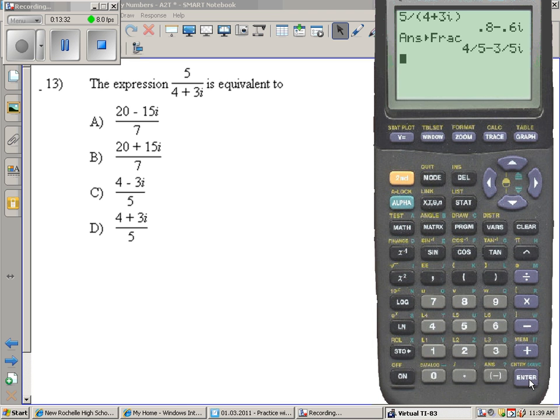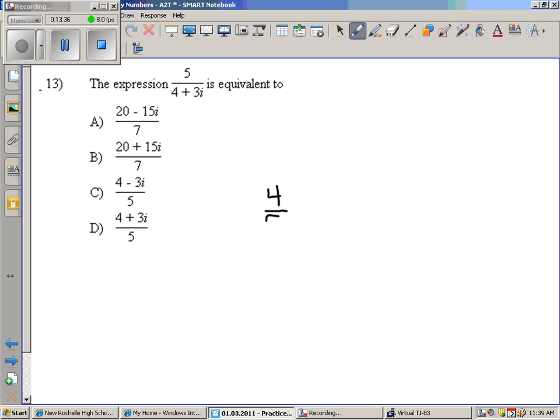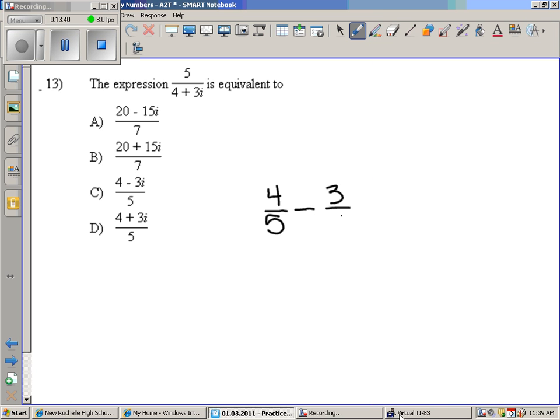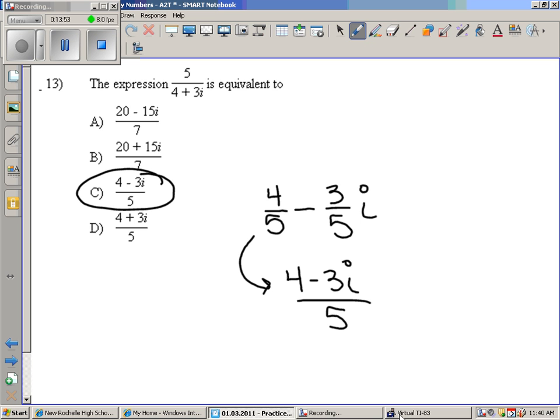The calculator is reporting back that the answer is 4/5 minus 3/5 i. And that is the same thing as saying 4 minus 3i over 5. So it's this one. Being able to know how to read your calculator is uber important.